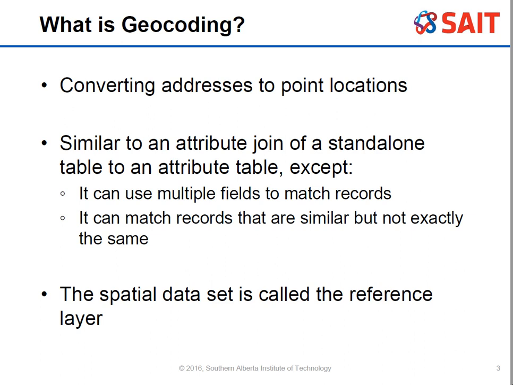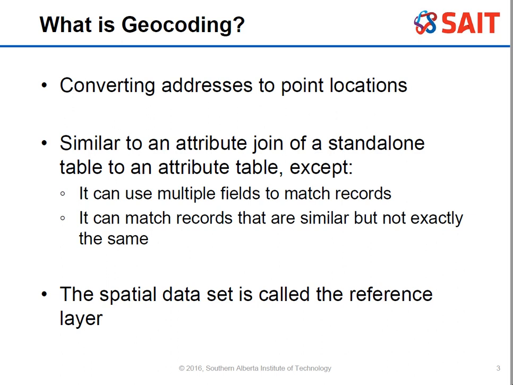One of the exceptions is that it can use multiple fields to match records. If you think back to doing an attribute join of a standalone table to an attribute table, you can only use one field. This time around, though, we can use multiple fields to see how they actually match up.